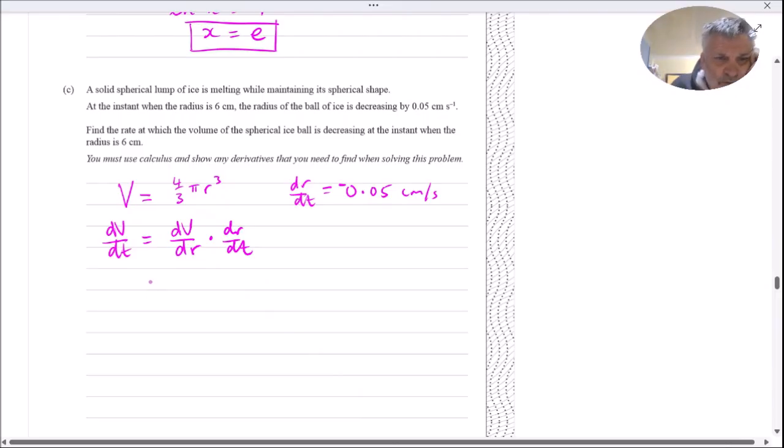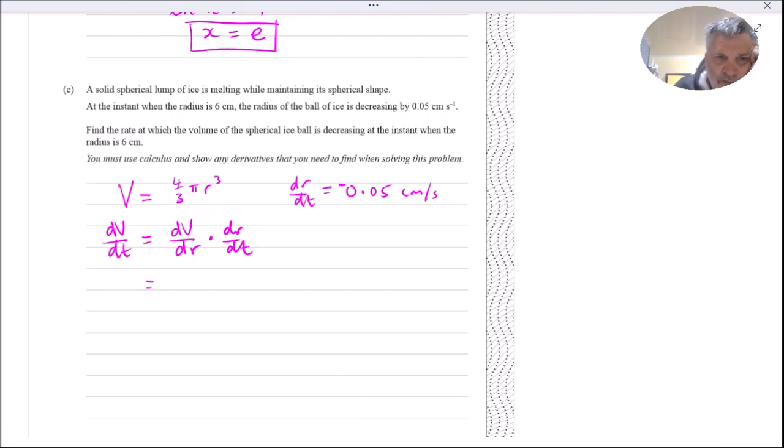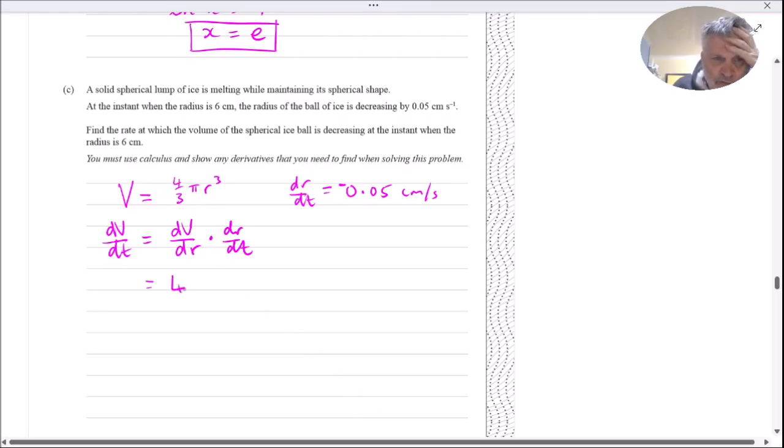So what we need to do is differentiate the volume with respect to r. So 3 times this will give us, the 3's will cancel, so you get 4 pi r squared, times dr/dt. So yeah, we'll just leave that as dr/dt.